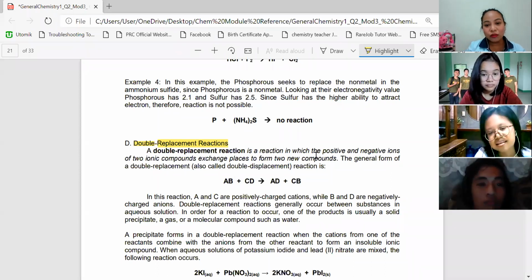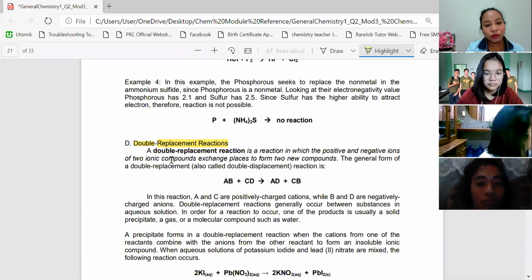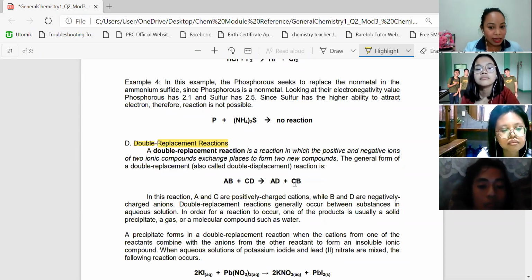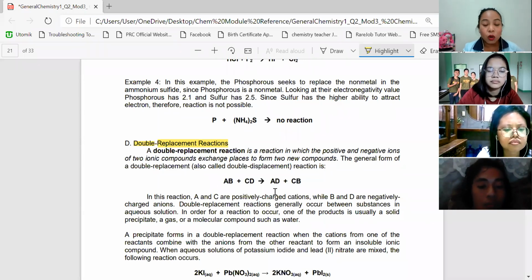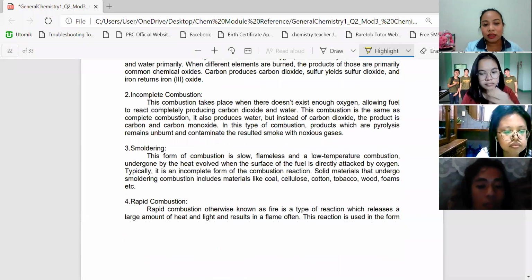So, a reaction in which the positive and the negative ion of two ionic compounds exchange places to form new compounds. So, that's why you have AB plus CD yields AD and CB. Nagbaylo sila of places. So, mas dali na siyang lantawon.